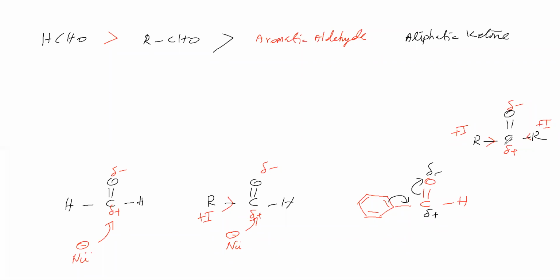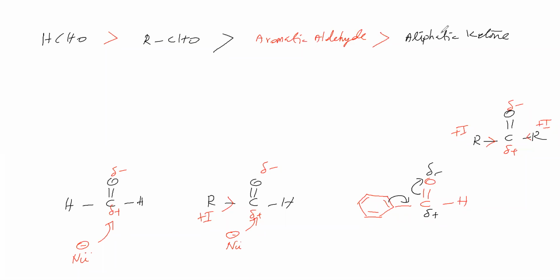Therefore, this carbon is getting electron cloud from both sides, so the electrophilic nature will be less. The nucleophile attacks less easily here, so it has less tendency for nucleophilic addition. Therefore, aldehyde will have higher nucleophilic addition tendency than ketone.